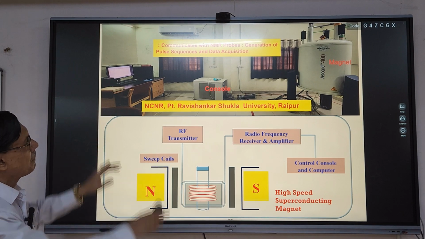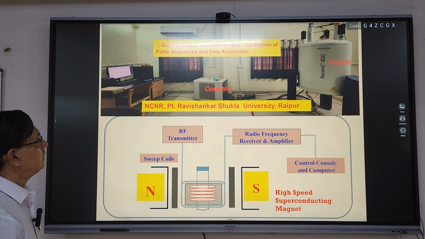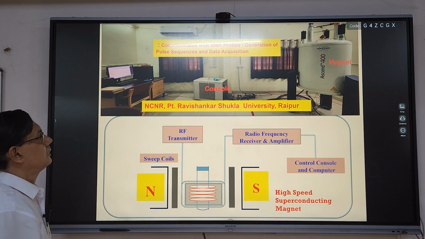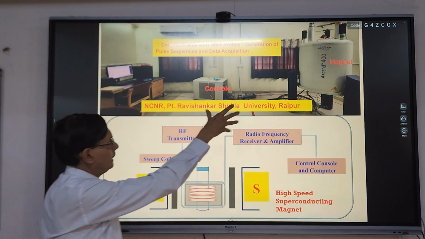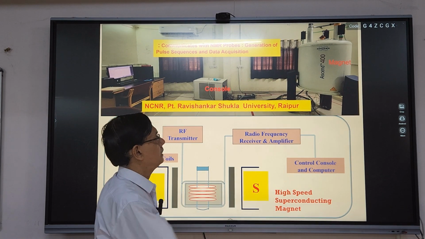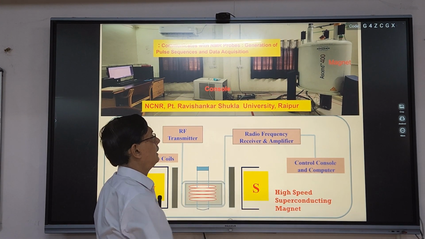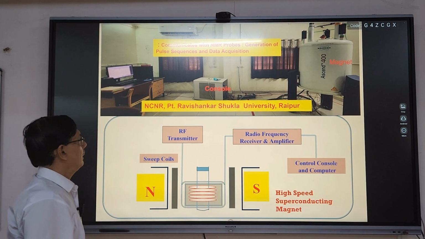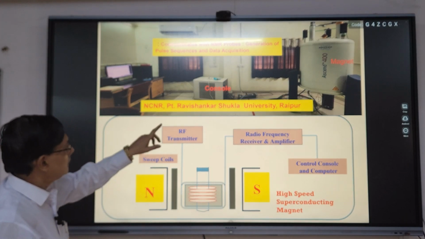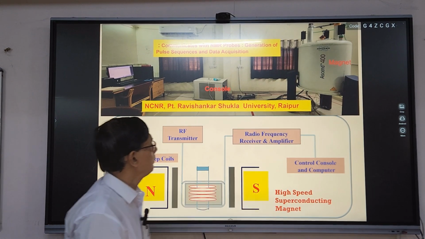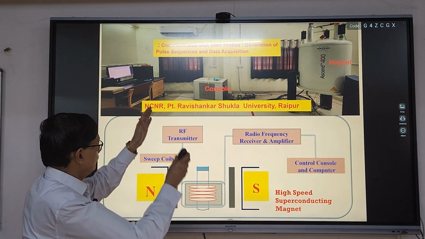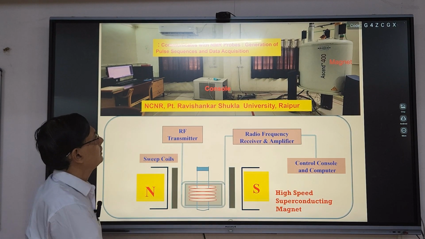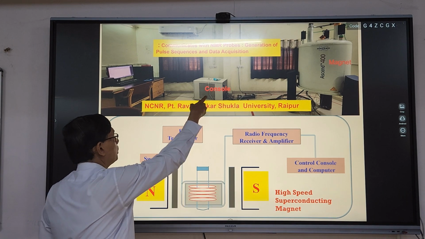Actually, you see that there are three parts. One, you all know, is the magnet, and of course it is a superconducting magnet, very good. Another part is the probe. I have not shown you the probe. And the heart of that NMR machine is called the console.